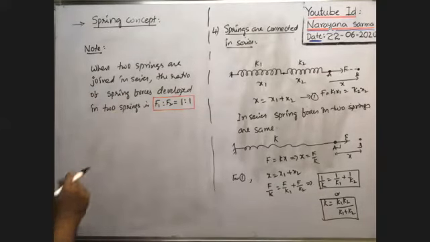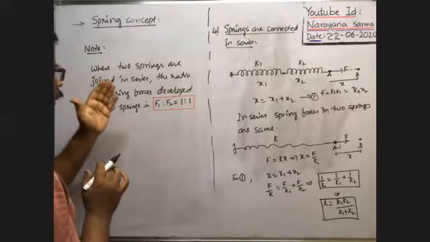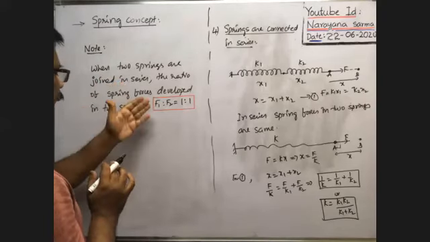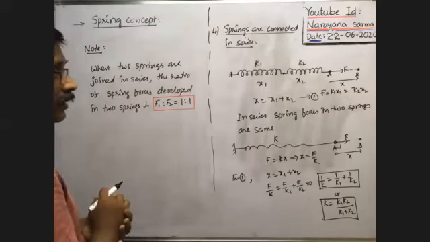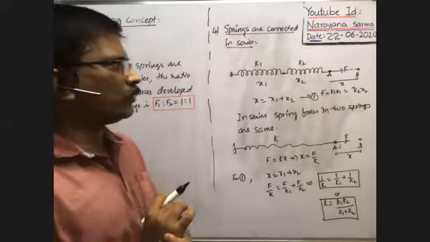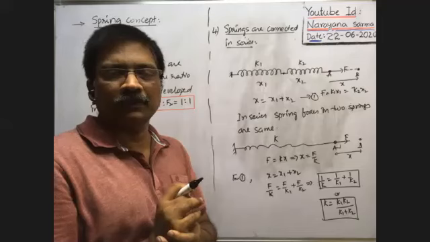In this case, when the two springs are joined in series, what about the ratio between the extensions in the springs?